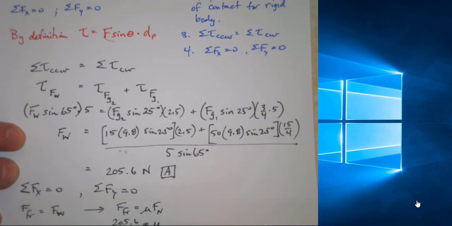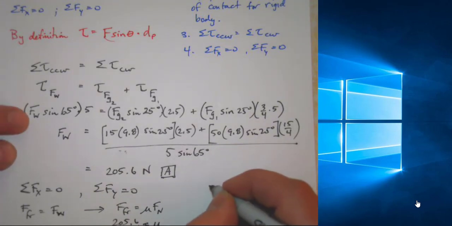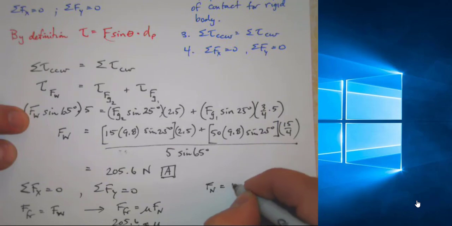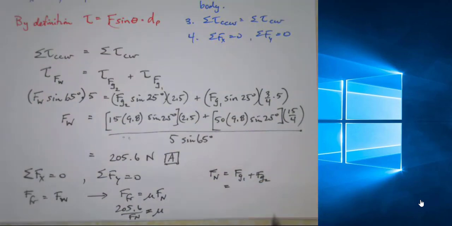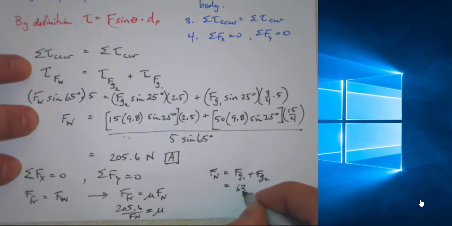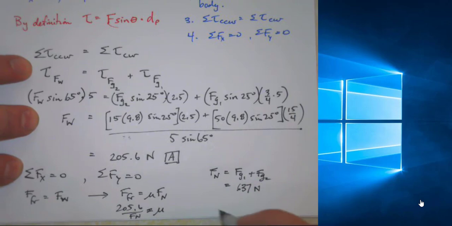And now I consider, I don't know what Fn is right now. I'm just going to have to use the sum of the forces in the Y to find that. So sum of the forces in the Y, I quickly determine that Fn is equal to Fg1 plus Fg2, which is 637 newtons.